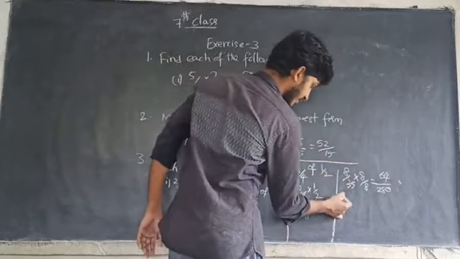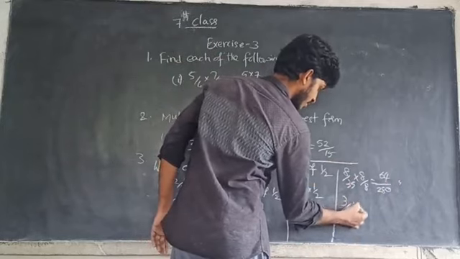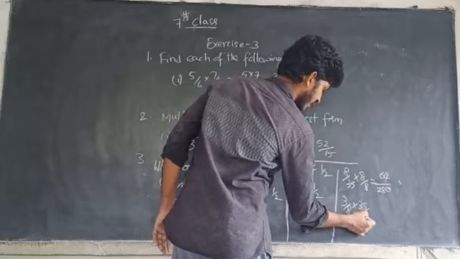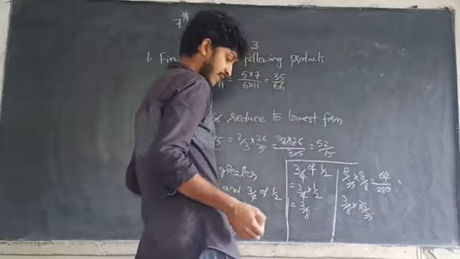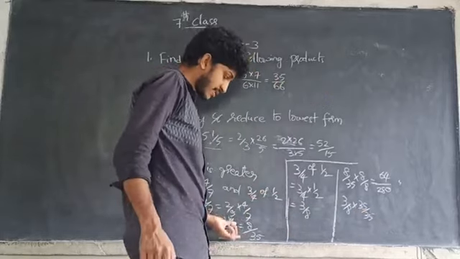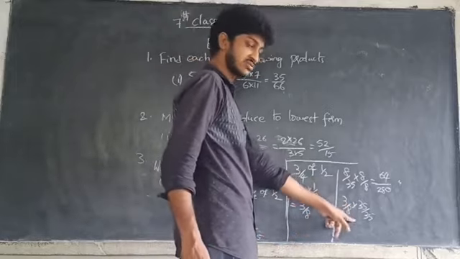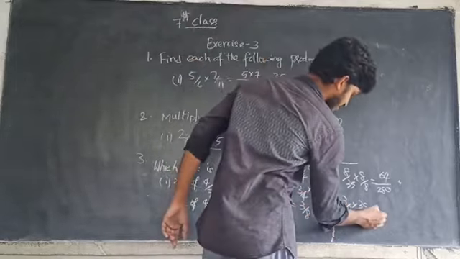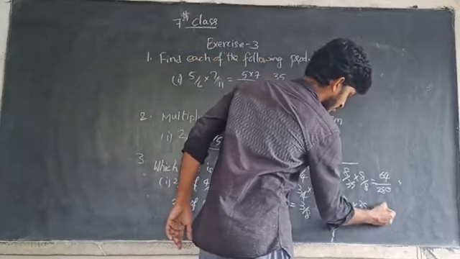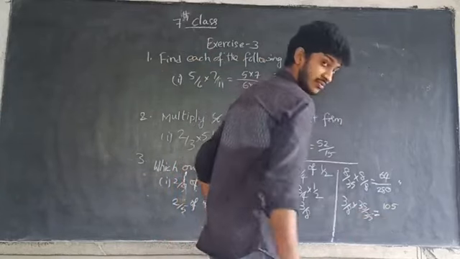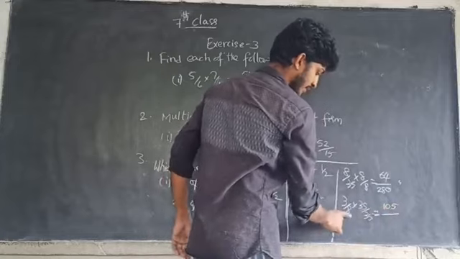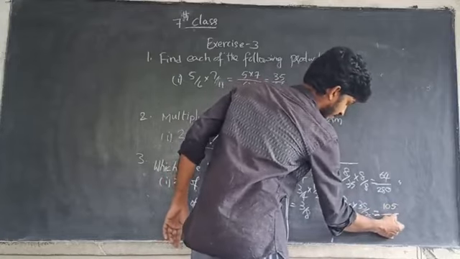Now 3 by 8 into 35 by 35. We are multiplying this denominator with this number and this denominator with this number. 35 by 35 means 1. So 3 into 35 is equal to 105 and 8 into 35 is 280.